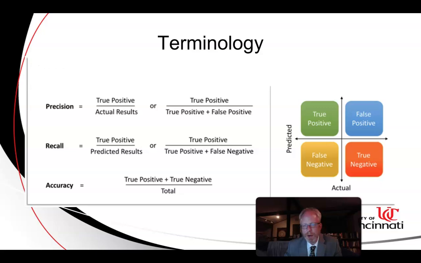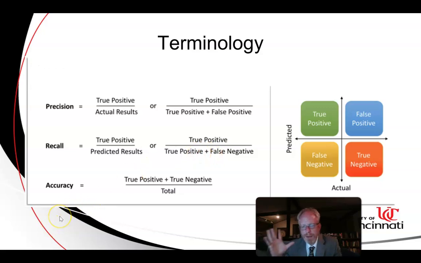So think about that. What if we said our model over-predicted the number of positives? Well, then that would likely help recall because we'd have fewer false negatives. More items would be positives.